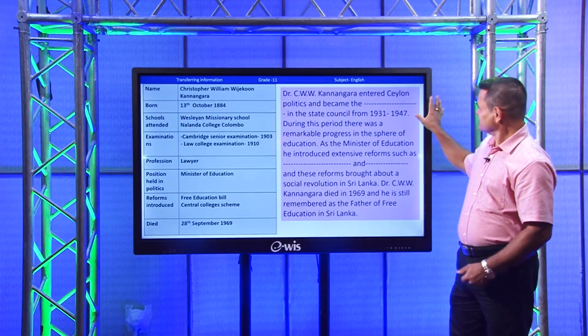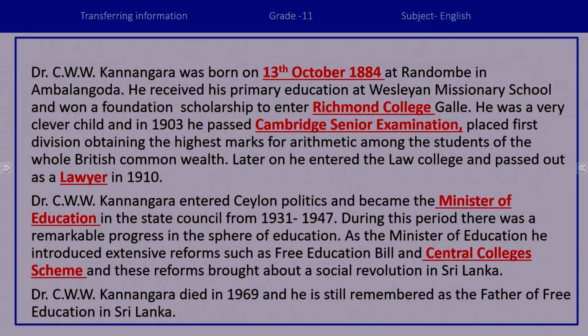Let us see the answers. First blank, could you get that answer easily? Born on, then the date of birth, 13th October 1884. And the second, the scholarship to enter, we talked about, then Richmond College, Gaul. The same information you could see in the table.